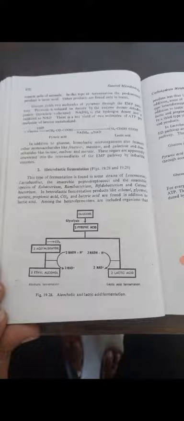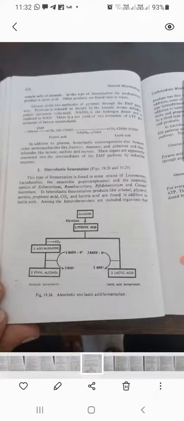Heterofermentative fermentation is found in some strains of Leuconostoc, Lactobacillus and anaerobic organisms such as Eubacterium, Rhamnobacterium and Bifidobacterium.